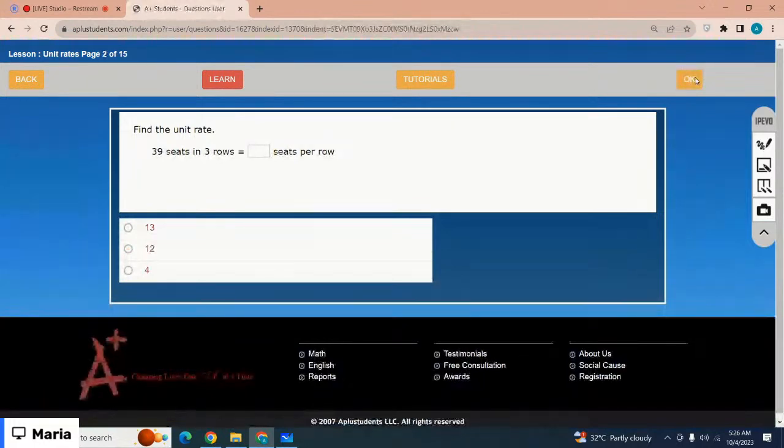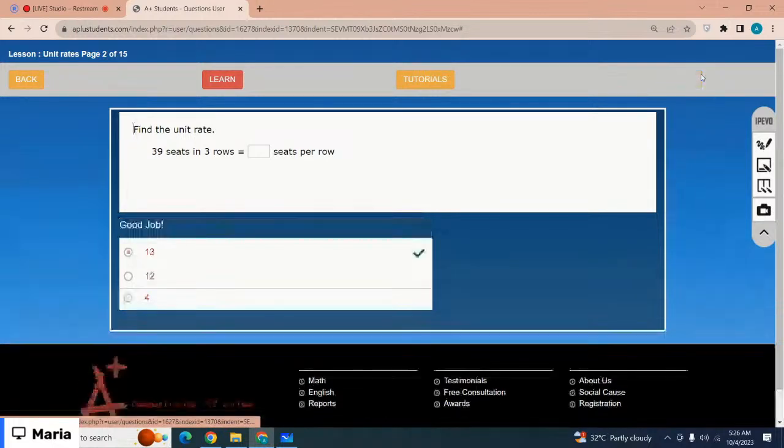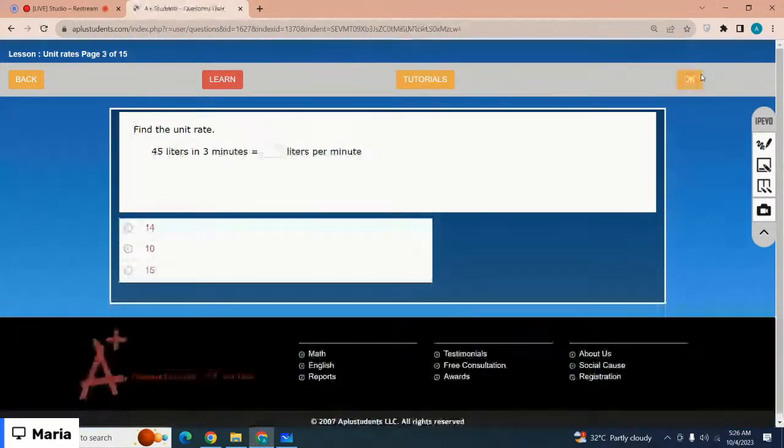39 seats in 3 rows. So how many seats per row? That would be 39 divided by 3, which is 13 seats per row, isn't it? 45 liters in 3 minutes.